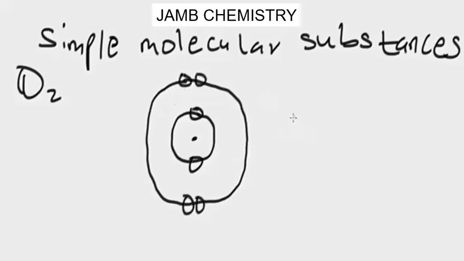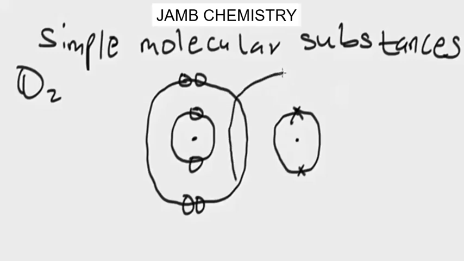Now this will be the second oxygen atom. This is the first shell. Now this will be the second shell, so it's going to bond with this oxygen atom here. Alright, so basically this is what we're going to have.